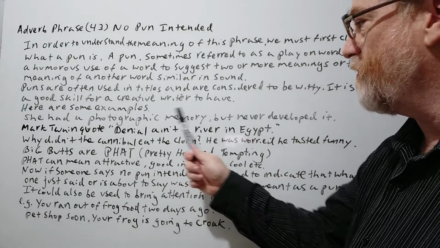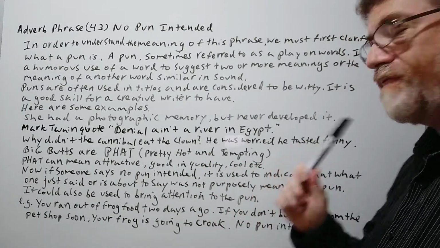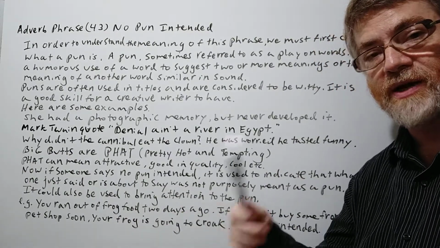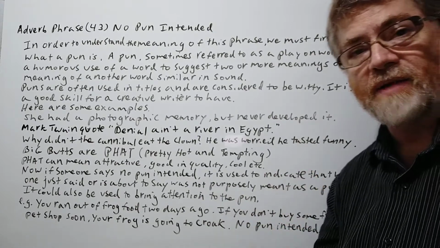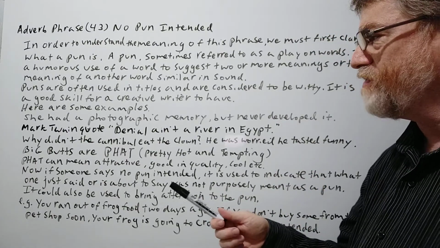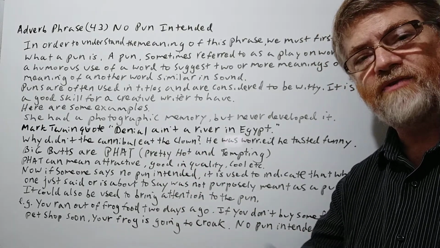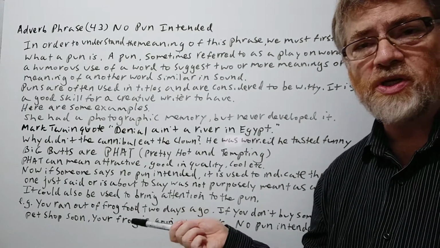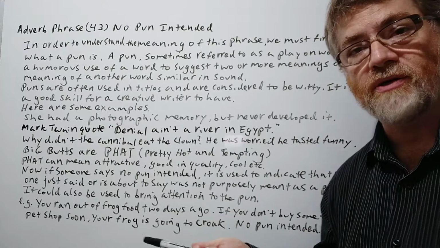So we say she had a photographic memory but never developed it. Well, here it's a pun because of the word develop. Because remember, you used to develop photos, make them into pictures. And developed also means that this photographic memory is a skill, it's a talent, and she never developed that. Maybe she just had a regular job, maybe a waitress or a hairdresser or something.